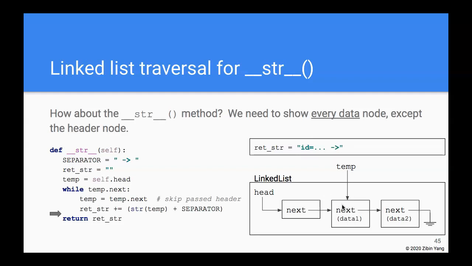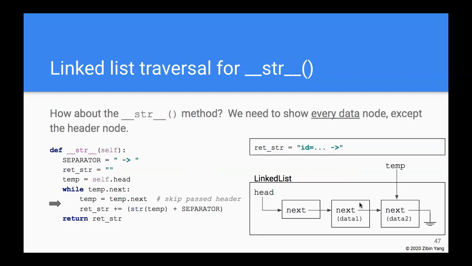data, or whatever the string representation for that node is, to the return string. So in this case, we just have the ID for now. And then it's going to come back to say, okay, temp.next. Well, temp.next is still pointing to something, so it's true.